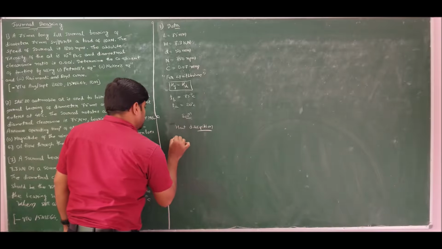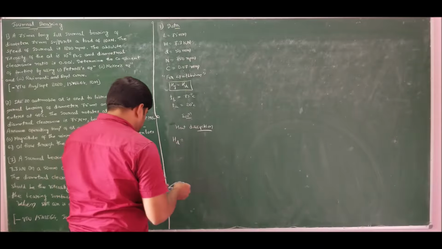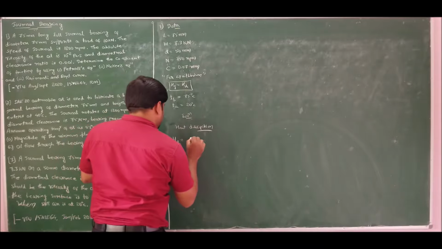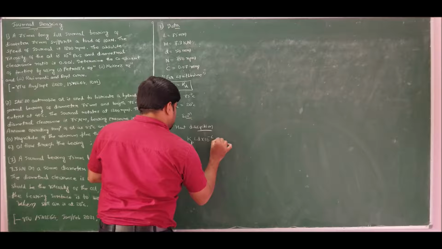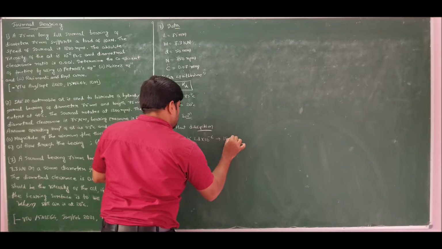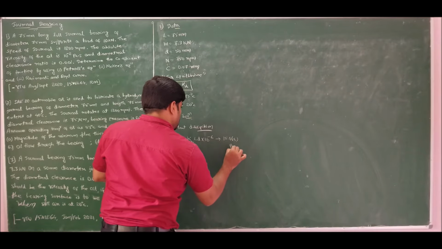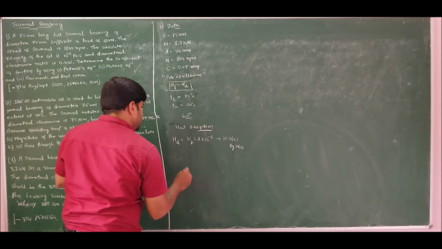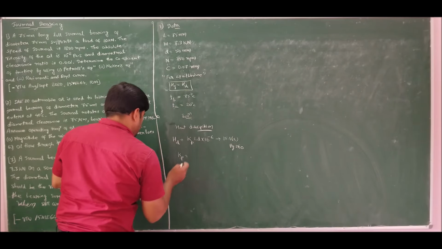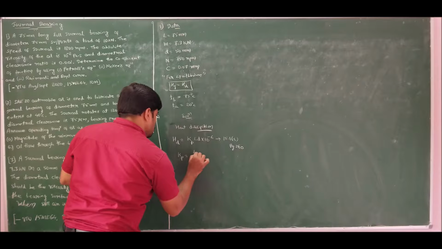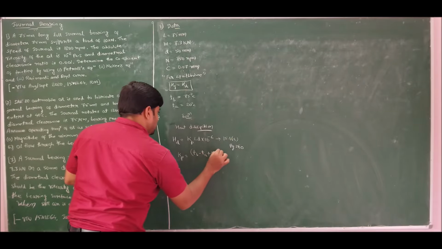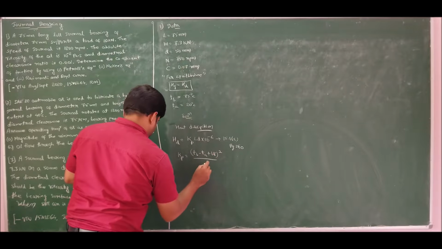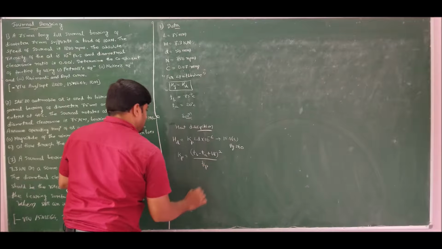Hd is given by equation 15.1c, which is Kp L D into 10 to the power of minus 6. This is equation 15.1c of page number 360, where Kp is given by (Tb minus Ta plus 18) whole squared divided by small kp.